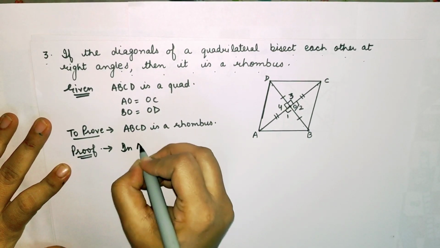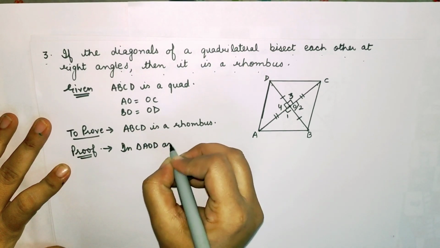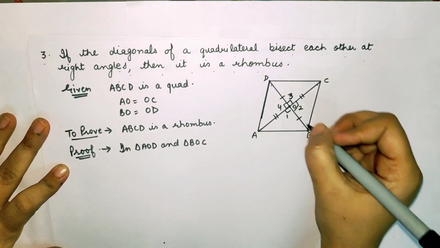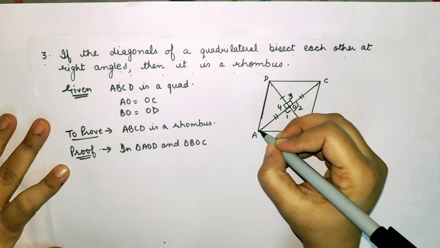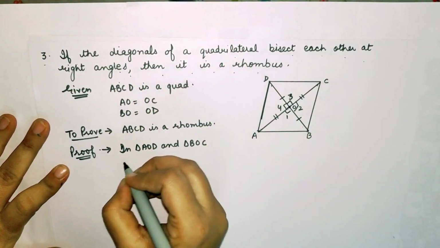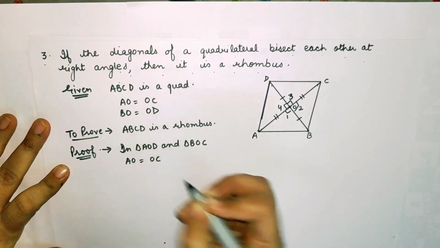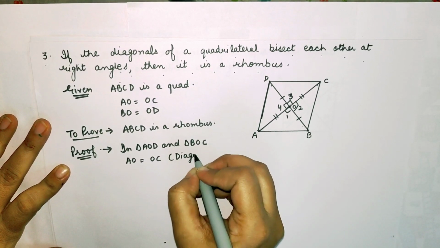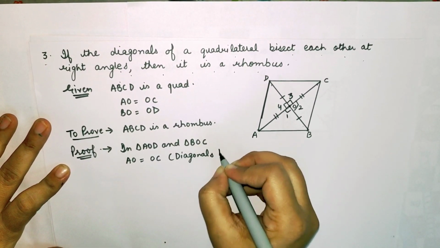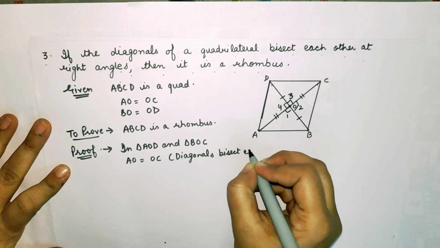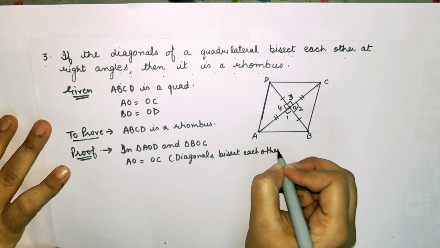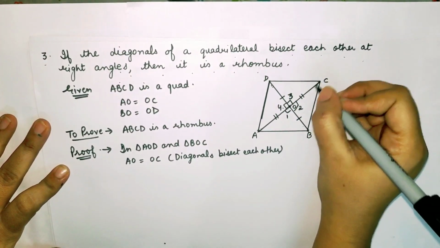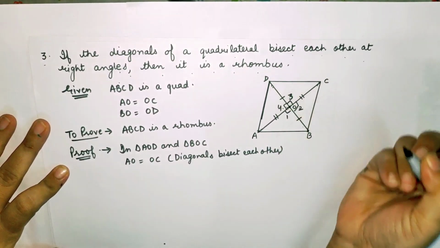In triangle AOD and triangle BOC, we know that AO is equal to OC, because diagonals bisect each other, it is given. And angle AOD is equal to angle COB, each 90 degrees or vertically opposite angles.